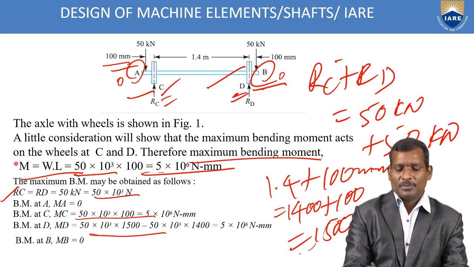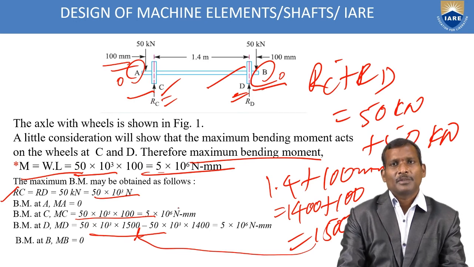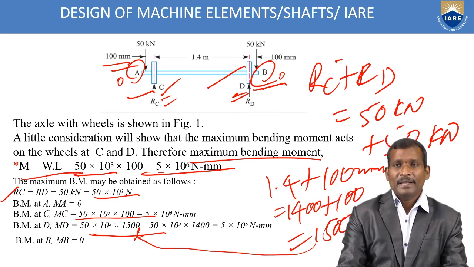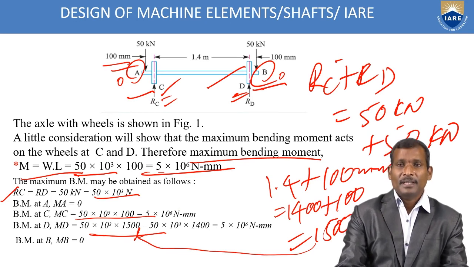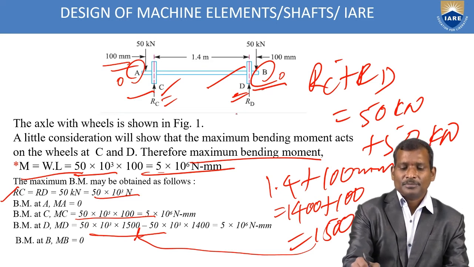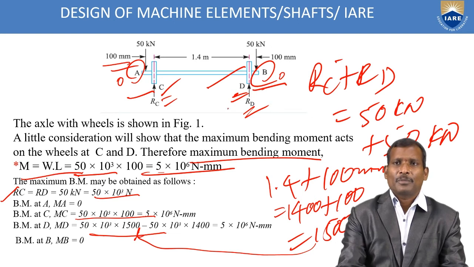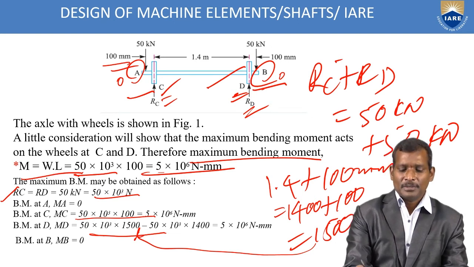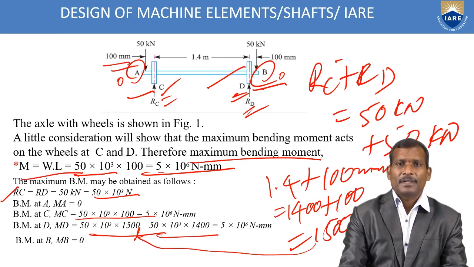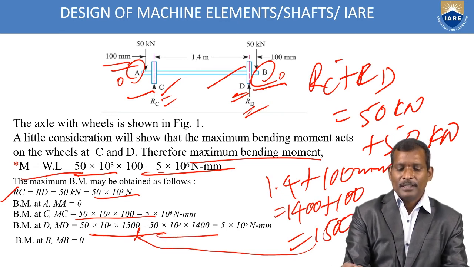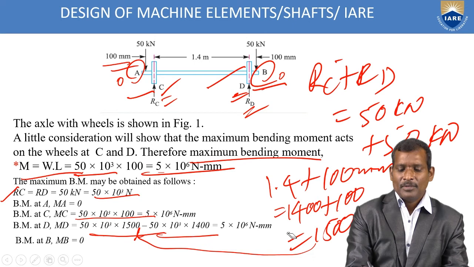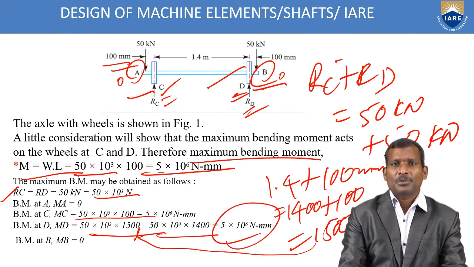So this 1500 multiplied with the 50 kilonewtons, minus the force RD multiplied with 1.4 meter. RD is 50 kilonewtons, so 50 kilonewtons multiplied with 1400. Finally, you will get 5 into 10 to the power of 6 Newton mm at D.